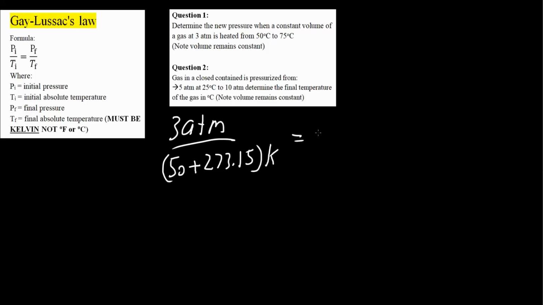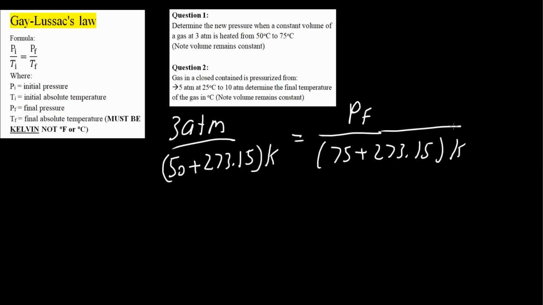And so this is equal to, we do not know the final pressure, so we can call it PF. We're trying to solve for final pressure divided by the final temperature, which is 75. Likewise, we need to convert to Kelvin. 75 plus 273.15 Kelvin.